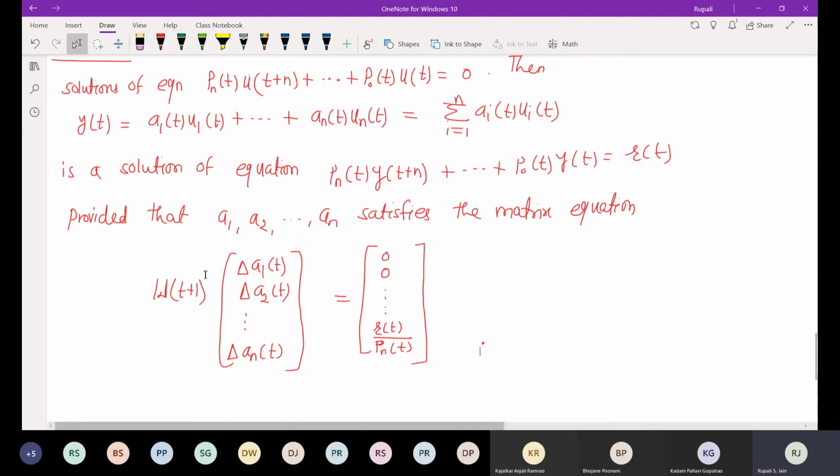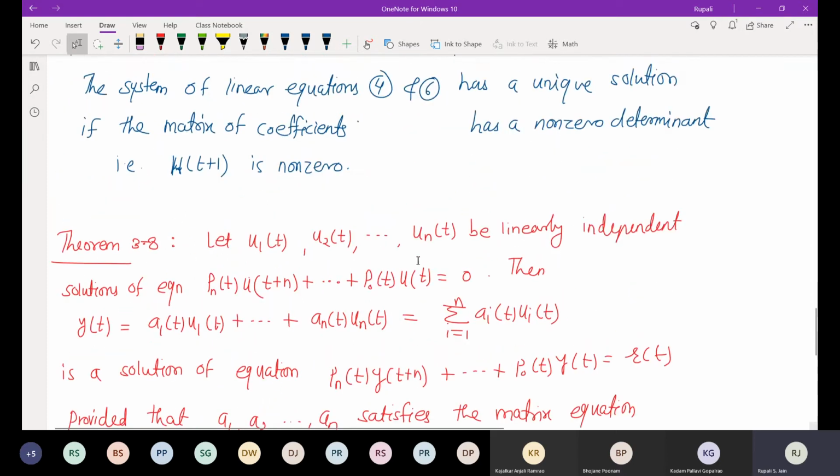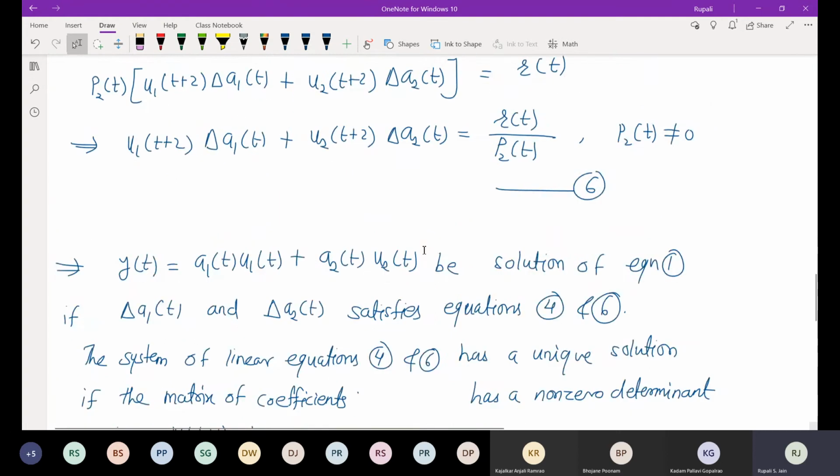For the system with n is equal to 2, what will this be? Wronskian at t plus 1. For u1, what is the Wronskian at t plus 1? It is the determinant of u1 at t plus 1, u2 at t plus 1, u1 at t plus 2 and u2 at t plus 2. So you will get these two equations, this 4 and 6. Is that okay?